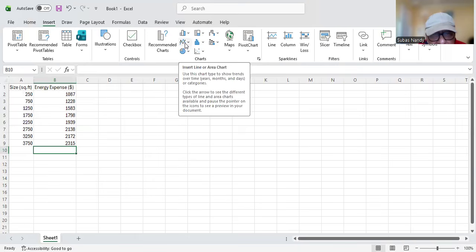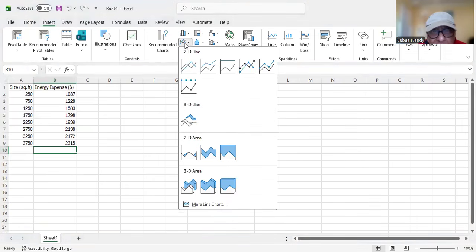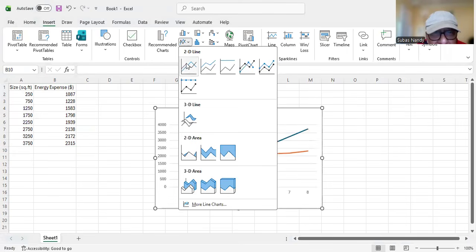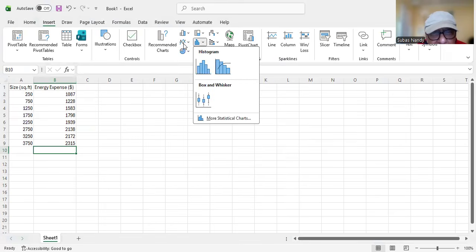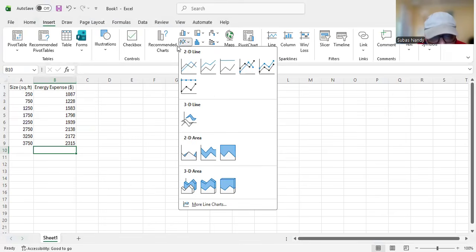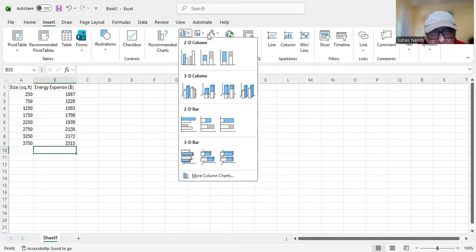So I click on this and I don't want a line per se, so I want a scatter plot, right? Where is my scatter plot?